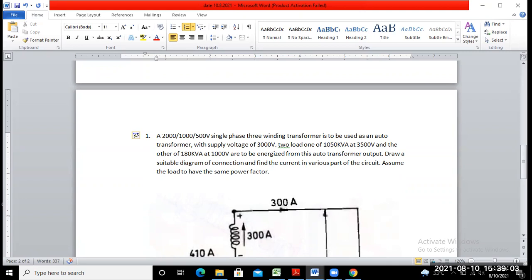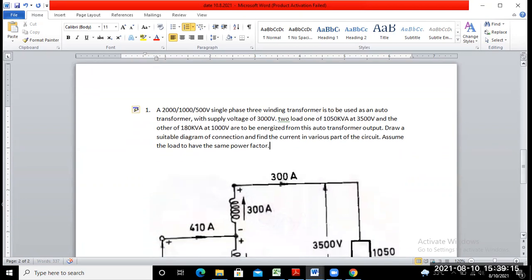Now we try to approach and solve this problem. First of all, just try to read the problem. If you don't get what parameters are given in your problem, then read it and draw the connection accordingly, whatever is given. Here the single phase winding voltage rating is given as 1500 volt, and it has 3 single phase windings.